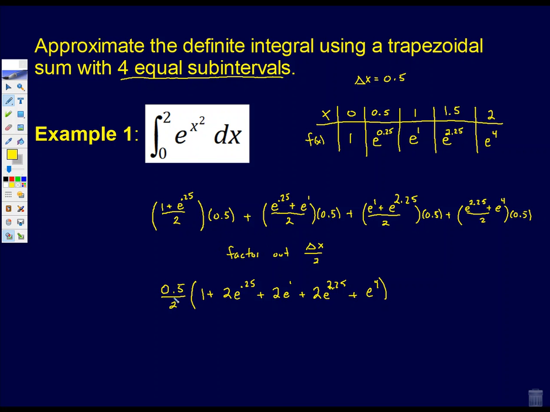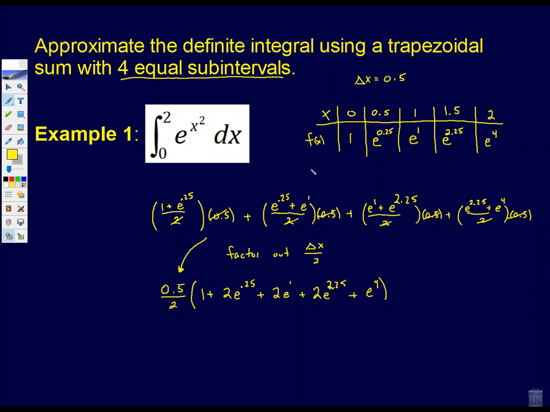Now I want you to notice what that left us with. That would leave us by removing the 0.5 divided by 2 and putting that all to the front. Okay, so they're not canceling, they're just being moved to the front as a common factor that I'm going to apply at the end. Notice what that left us with, which will make it easier to type all this into my calculator.